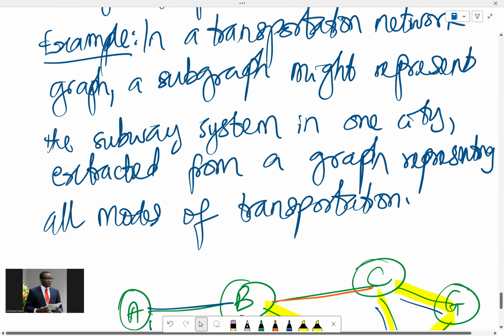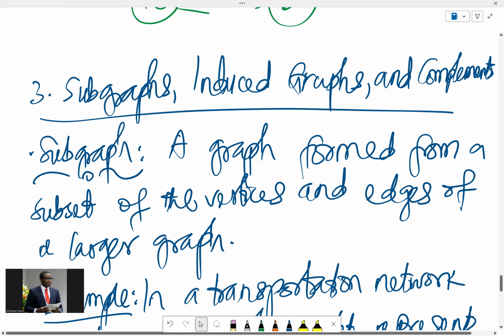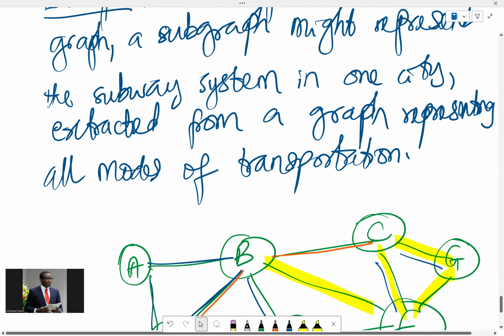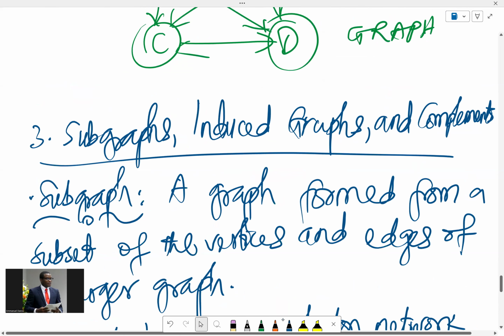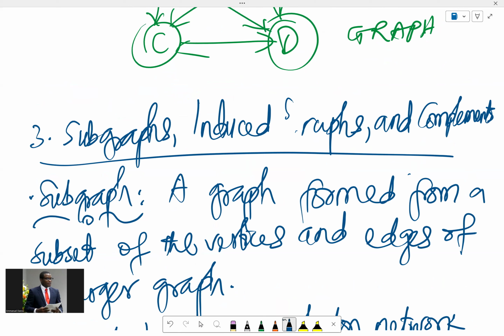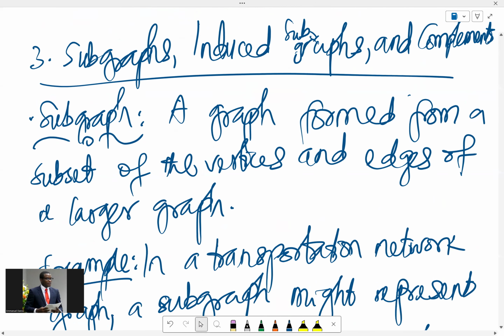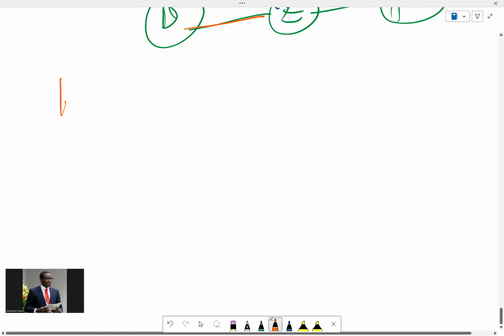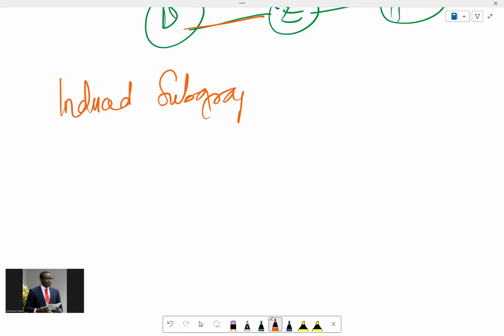So we have subgraphs, induced subgraphs. Let's talk about that. Induced subgraphs.